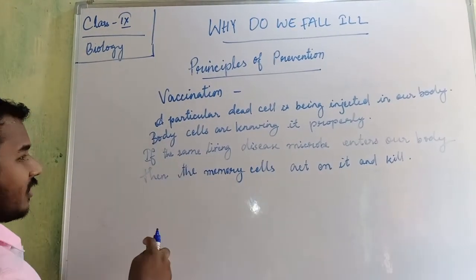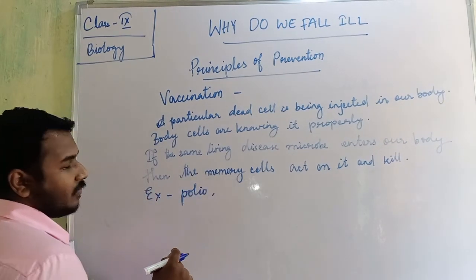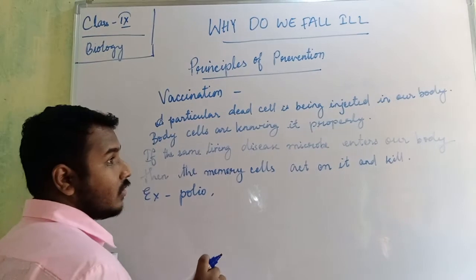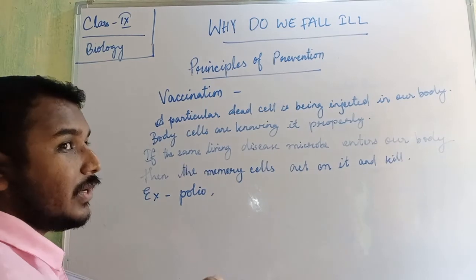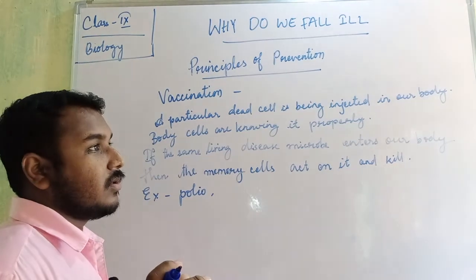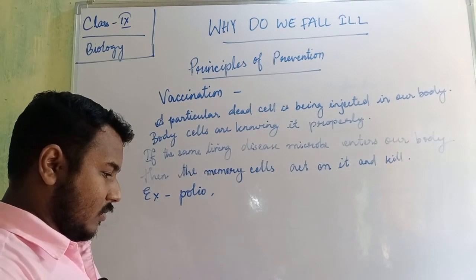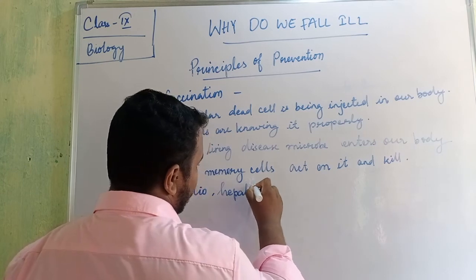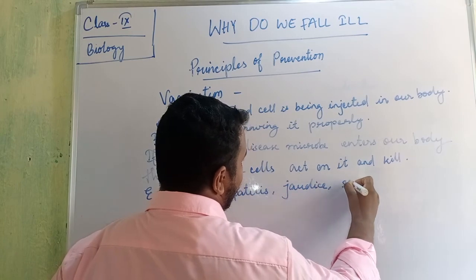Example, what all vaccinations are there? Polio vaccine, when we are very small, at that time it is given. Nowadays the COVID vaccine is going to come. Polio, hepatitis, jaundice, smallpox.